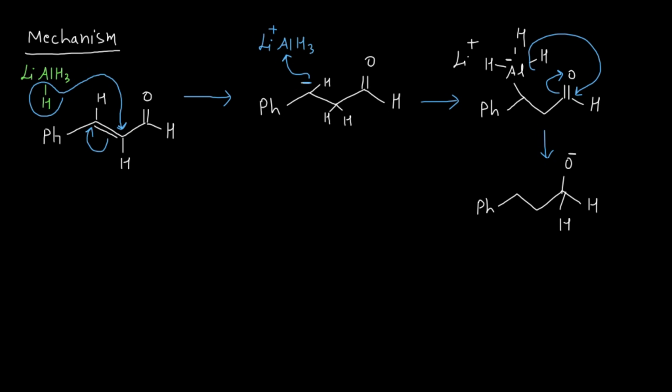This was your Ph, and it is now connected with this aluminium, and that aluminium has only 2 hydrogens now. I hope this is quite clear to you. Now what will happen in the next step? Now this negative will attack onto this aluminium.